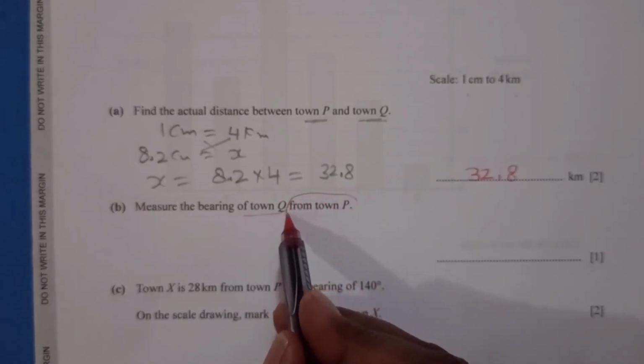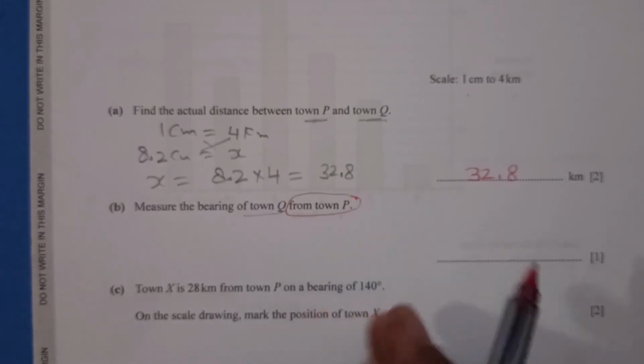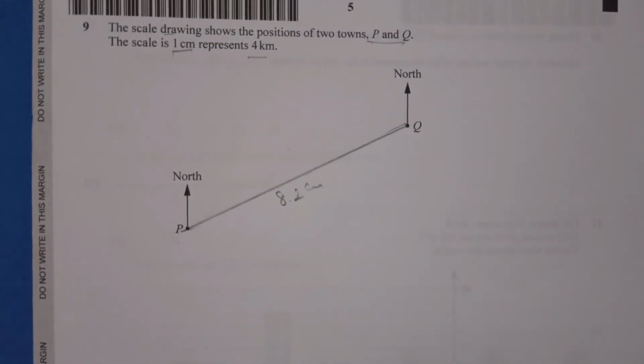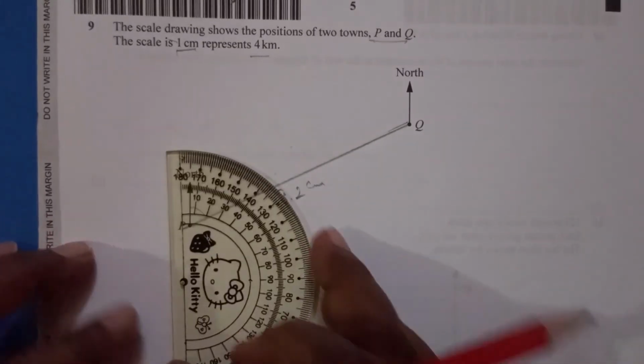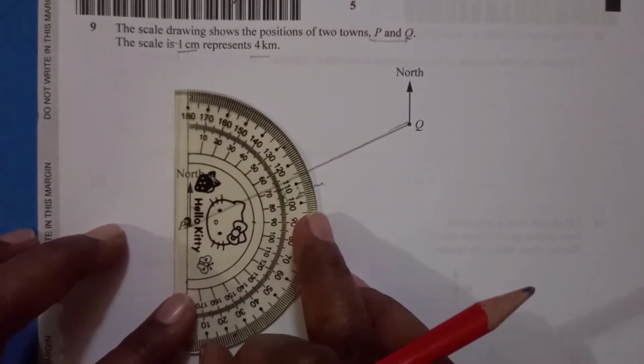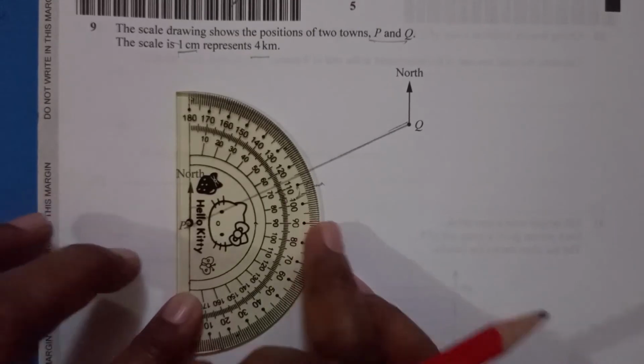Now second, measure the bearing of town Q from town P. Whenever you get this type of question from P, you just go to P and then measure up to Q. So we are looking for this angle actually. Let's put this here, like this.